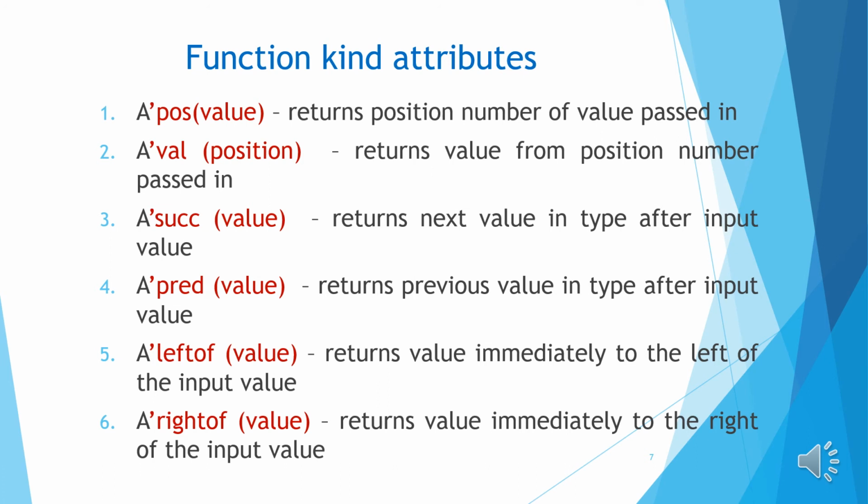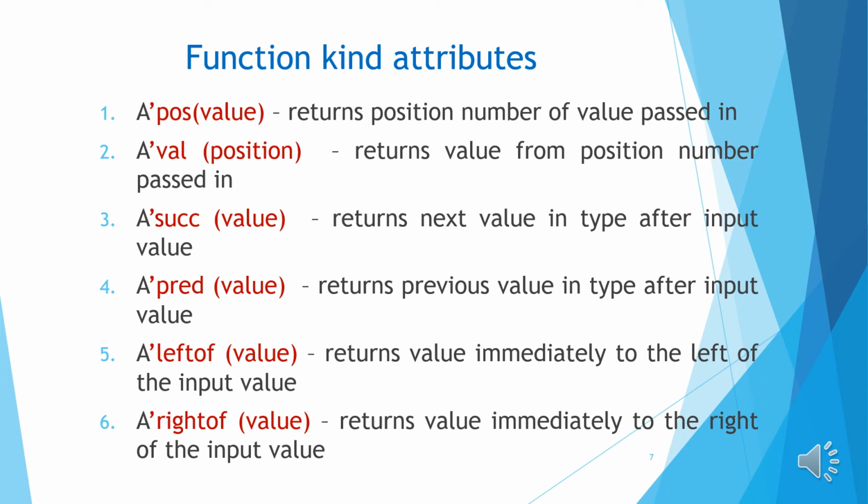Function kind attributes are further classified into 6 subclasses: tick position, tick value, tick succeeding, tick preceding, tick left of, tick right of. In tick position, we need to pass a value and it returns the position number of that value. In tick value, we pass a position number and it returns the value present at that position.